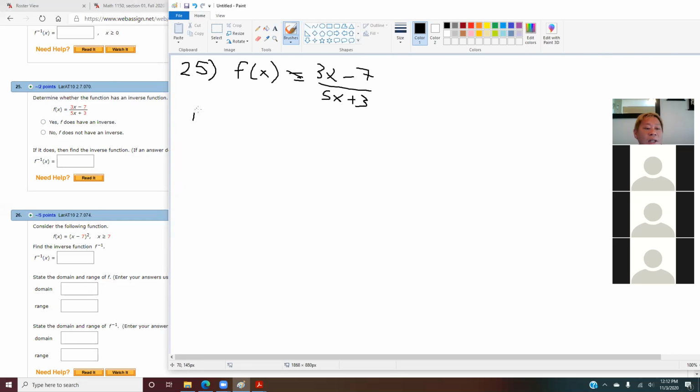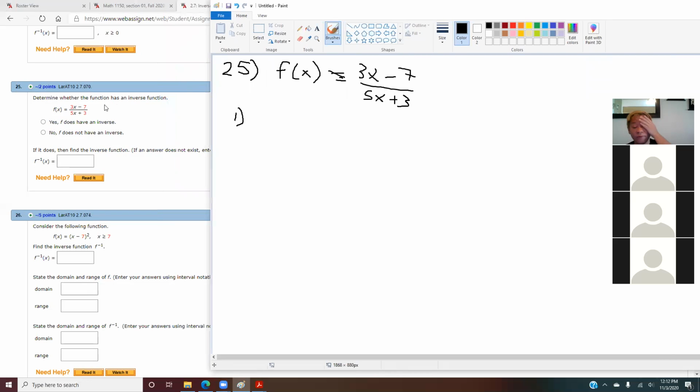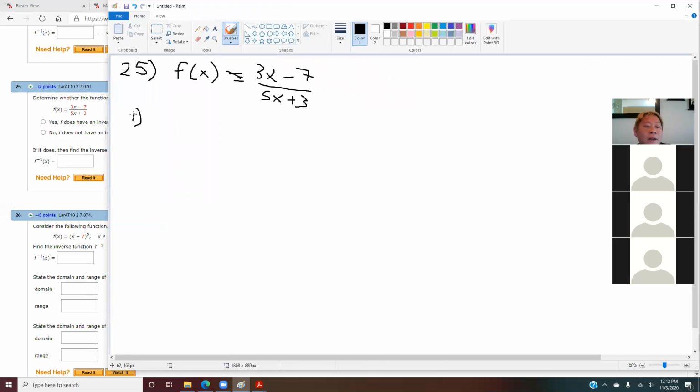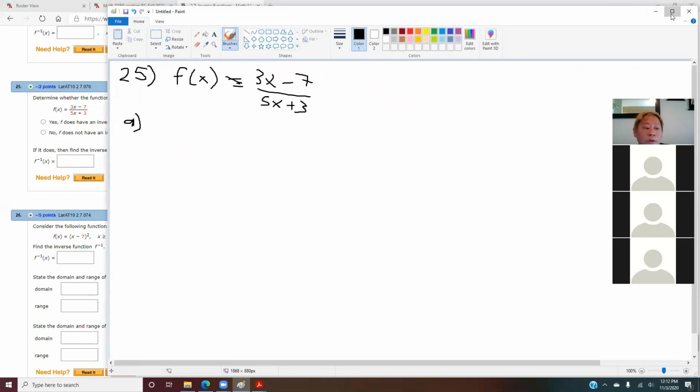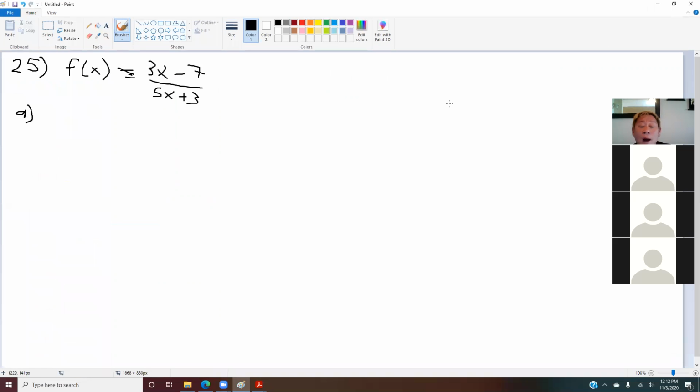So the first question is asking us, does this have an inverse function? Your answer is either yes or no. Again, class, this is in your midterm tomorrow, so please pay attention.